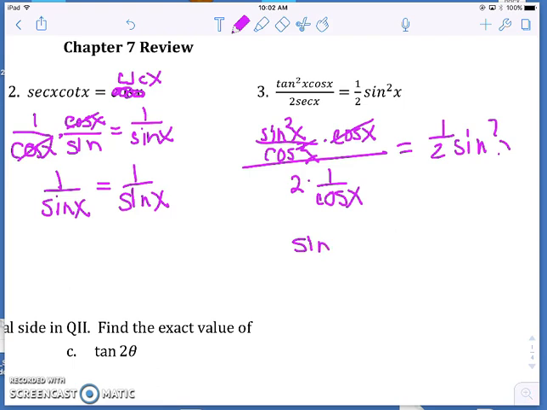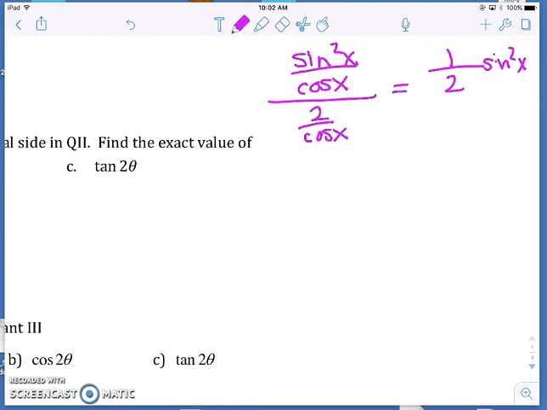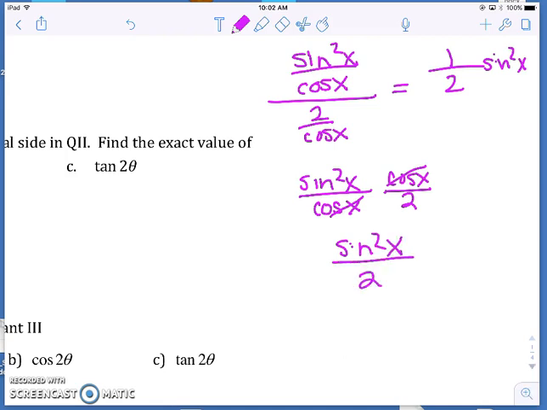So we'd have sine squared of x over the cosine of x divided by 2 over the cosine of x equals 1 over 1/2 sine squared of x. So we're dividing fractions. We have sine squared of x over the cosine of x times the cosine of x over 2. So the cosines reduce out. So sine squared of x over 2. Well, that's the same as 1/2 sine squared of x. So we're done.